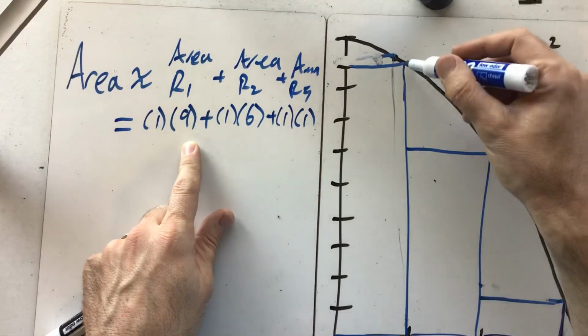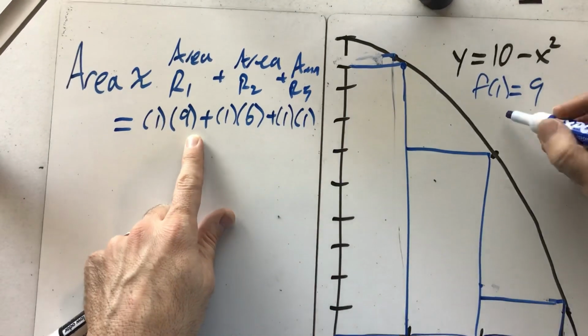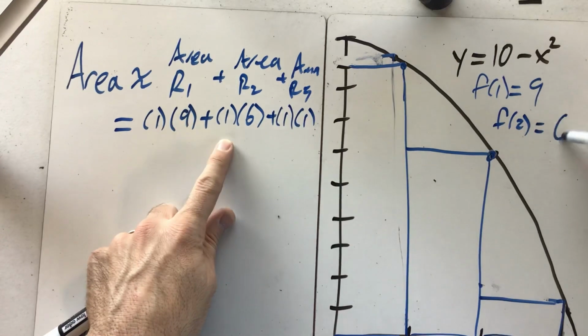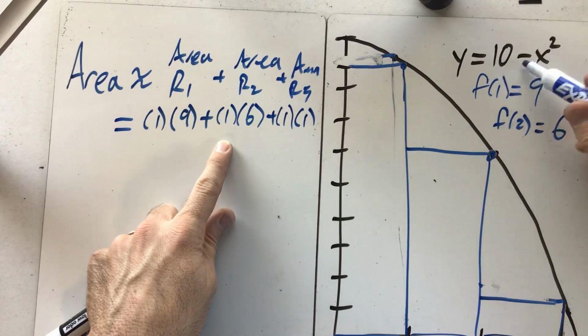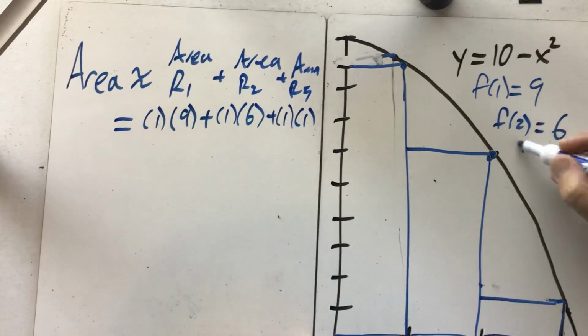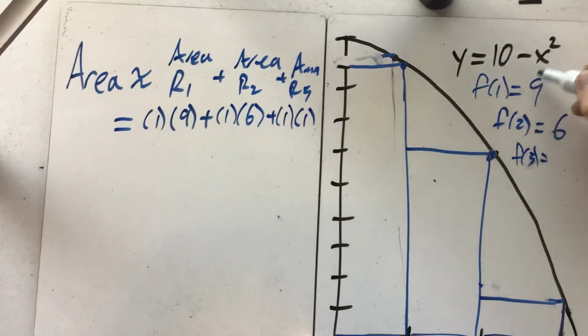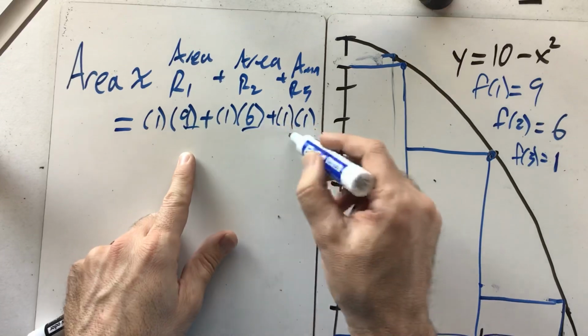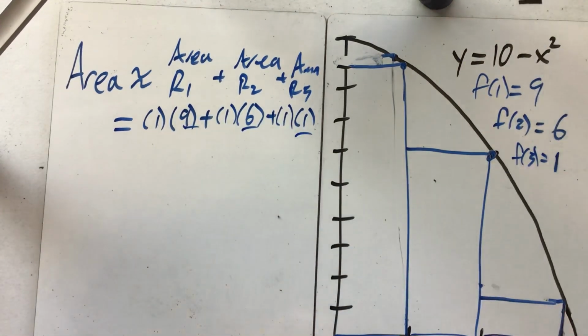That's that number 9 right there. Then I could put 2 in that equation and get that dot, which is 6. So 10 minus 2 squared is 6. And finally, 10 minus 3 squared is 1. So here's my 9, 6, and 1. They were found by just plugging this number and this number into my equation to come up with the heights.